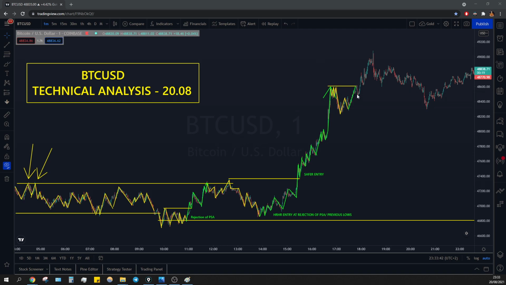This is a very high risk entry because you don't know if price is going to break above or continue down. Maybe it's continuing up, but after retesting these lows.